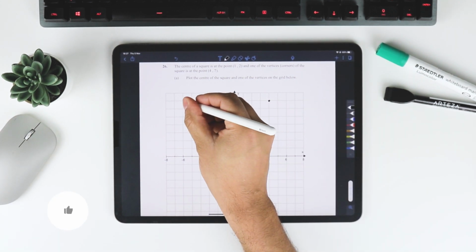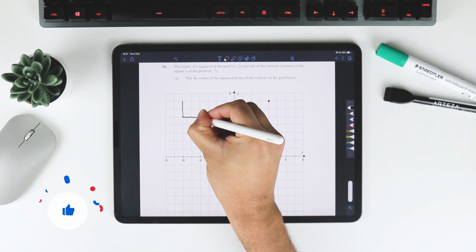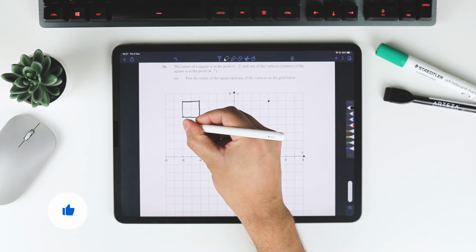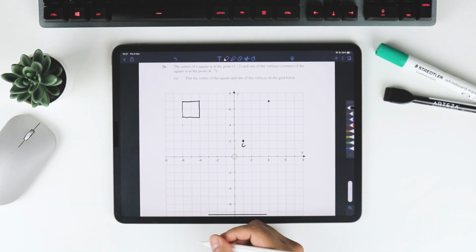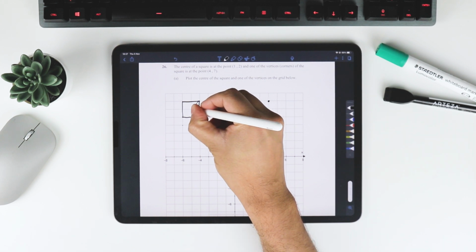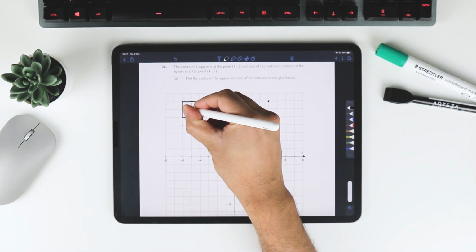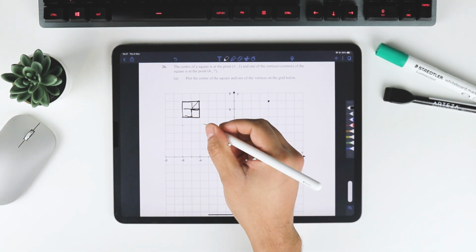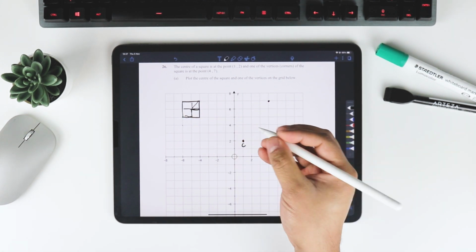Because when you have a square like this, or even if you have it diagonal, if that's the center, then you're one across, one up, one across, one up, one across, one up, from the center to the vertex, right?